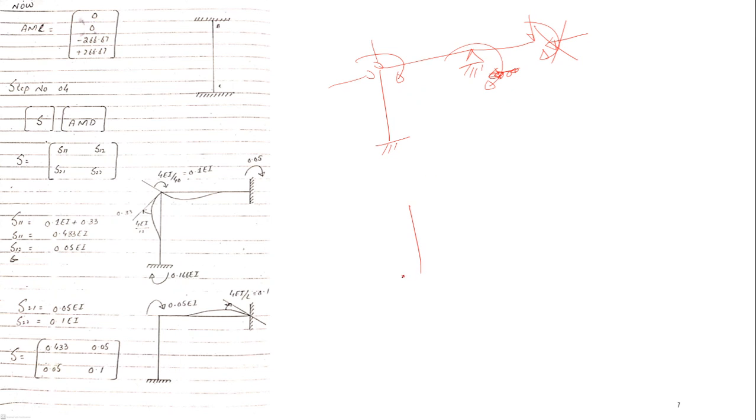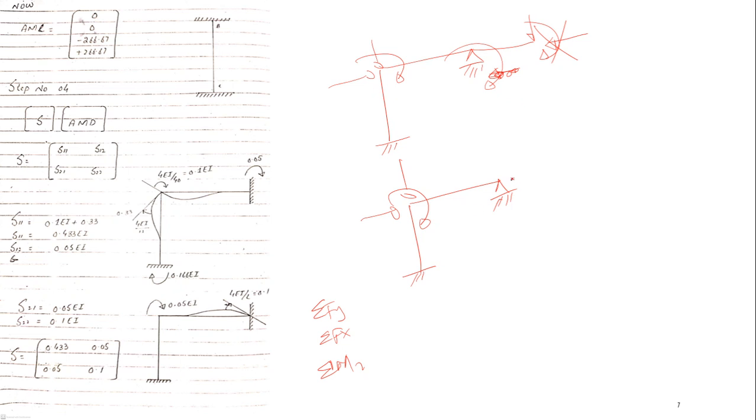So I am left with this portion. Now you should know that 3 equations are available in a plane frame: summation Fy, summation Fx, and summation Mz. That's why we have got 3 reactions, I mean 3 degrees of freedom here.